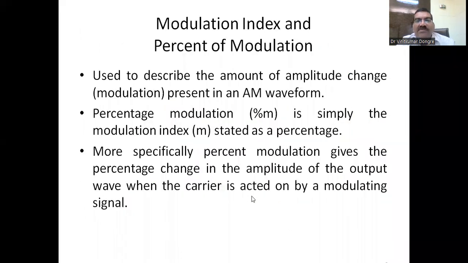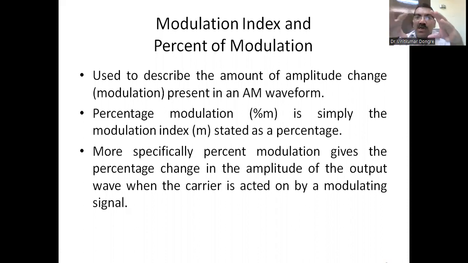Now, one of the basic parameters for the amplitude modulation or any modulation is the modulation index. The modulation index or the percentage modulation, what is that? It is used to describe the amount of amplitude change, that is the modulation, in terms of percent in the AM.